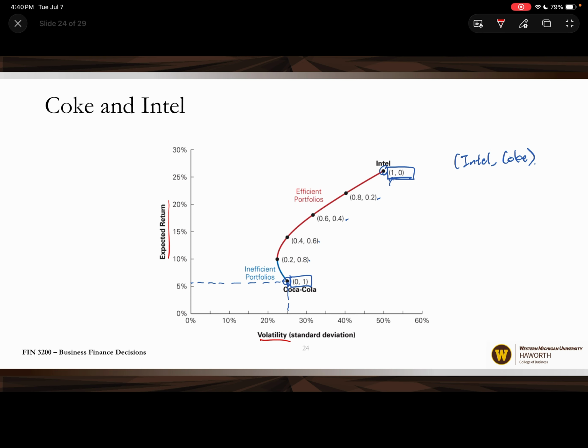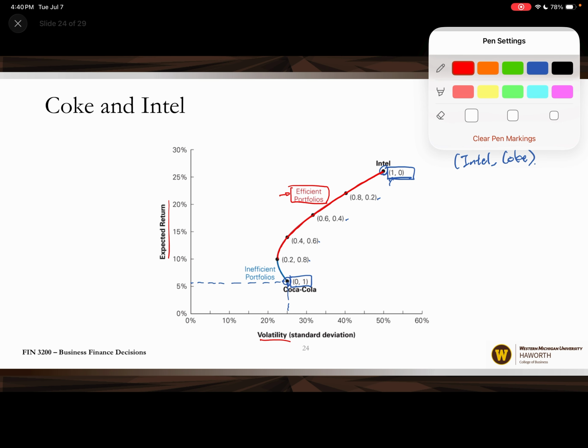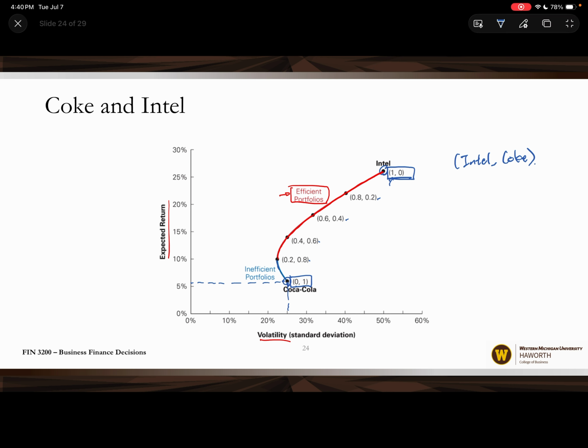The portfolios that are shown on this red curve are called the efficient portfolios, the efficient frontier. What we have down here, the blue part, is an inefficient portfolio.